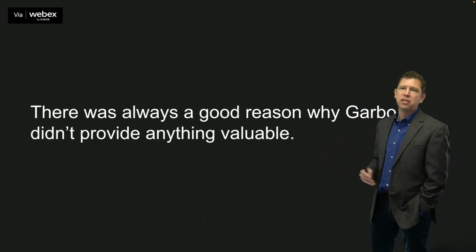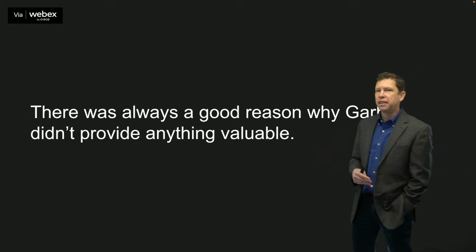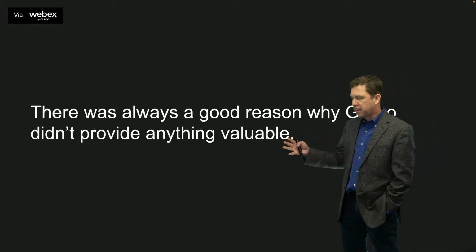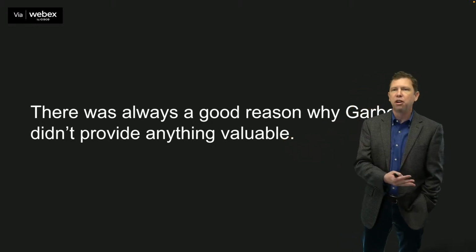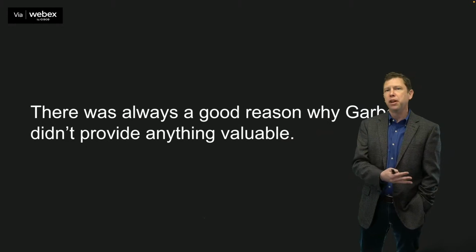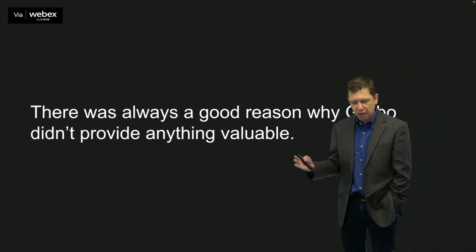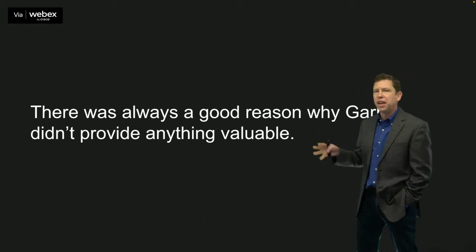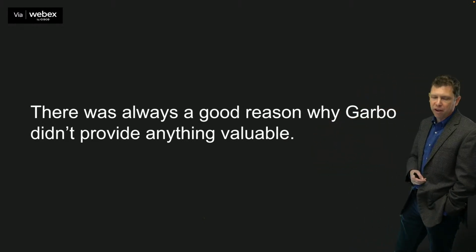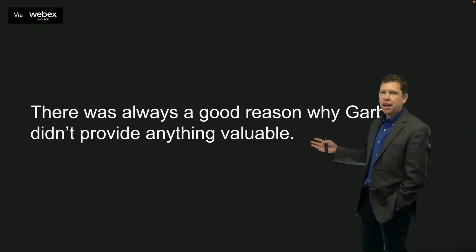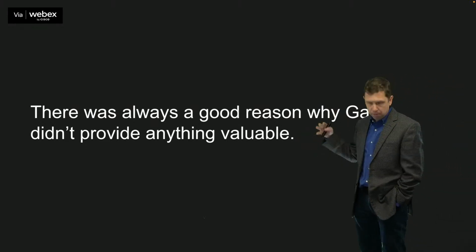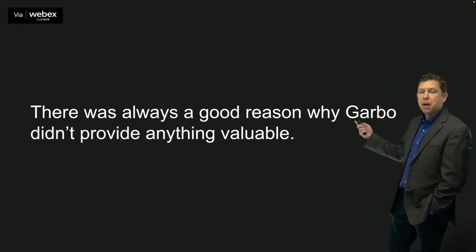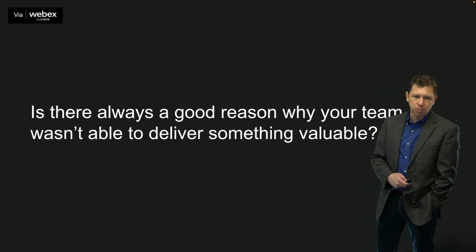So suddenly Garbo gets arrested, and then he ended up with a formal letter of apology from the British government saying they had arrested him and they shouldn't have, because he's got diplomatic immunity or whatever it was. So they concocted this whole thing to have a really good reason why he wasn't able to provide the information. Remember, the agent that died, they actually ran an obituary in the newspaper, and that got shipped over to the Nazis as well. So always a very, very good reason, but never providing anything that was actually valuable.